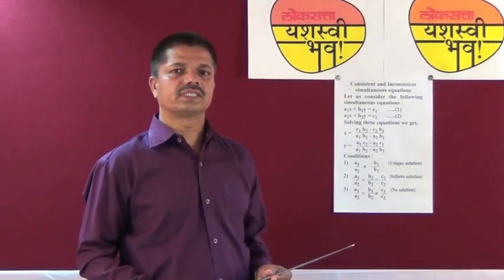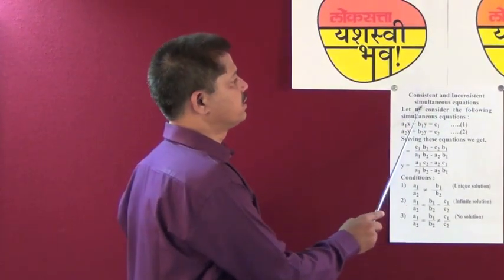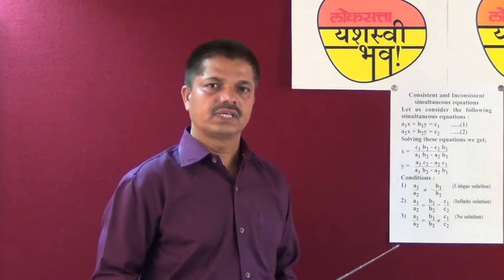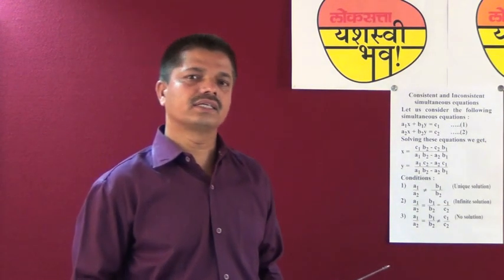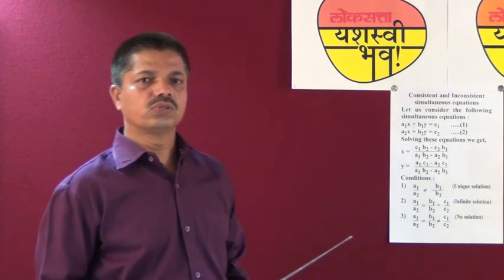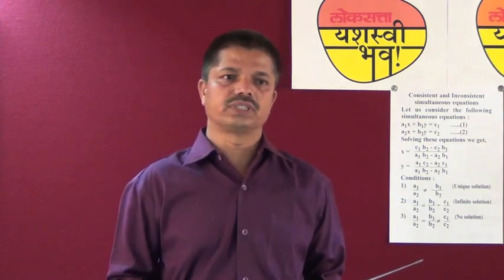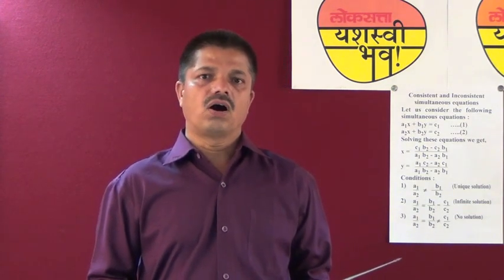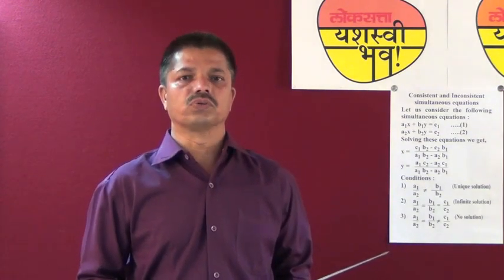Now we are going to study the next part of the chapter, that is consistent and inconsistent simultaneous equations. Let us first study the meaning of consistent and inconsistent equations. Do you know whether every simultaneous equation has a solution? All the simultaneous equations might have solutions or they may not have solutions.